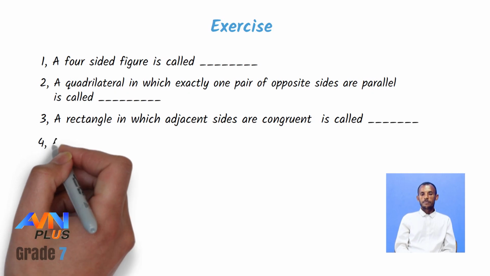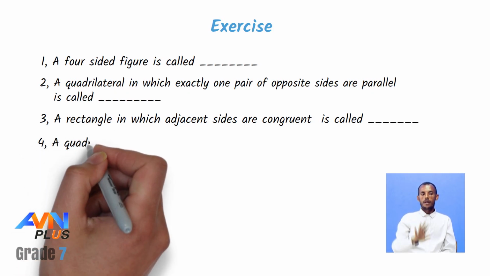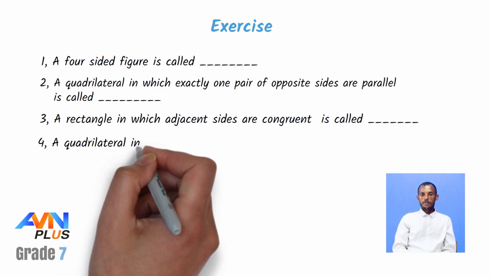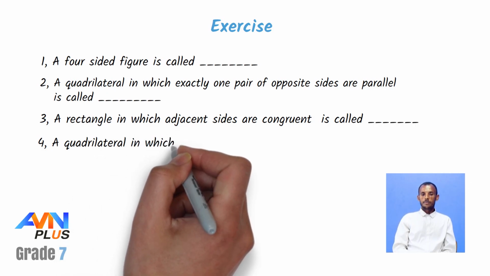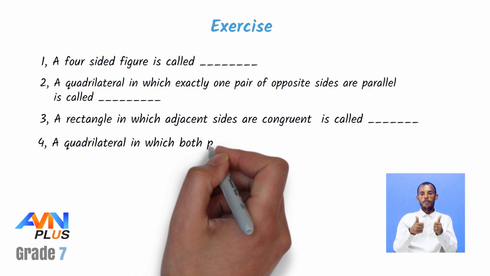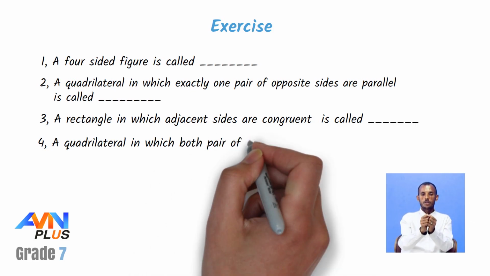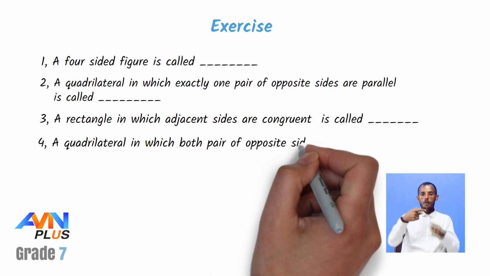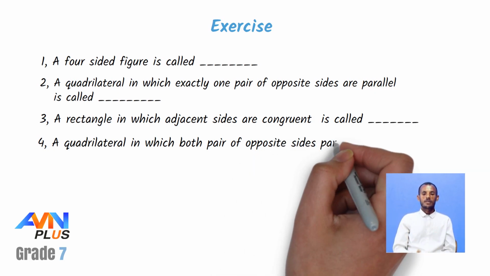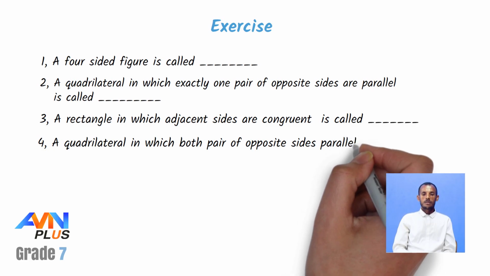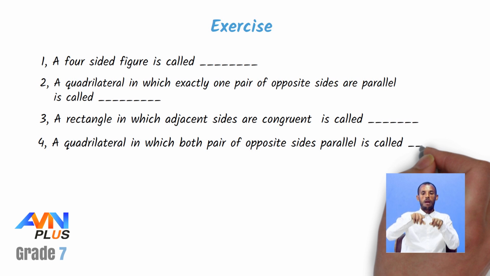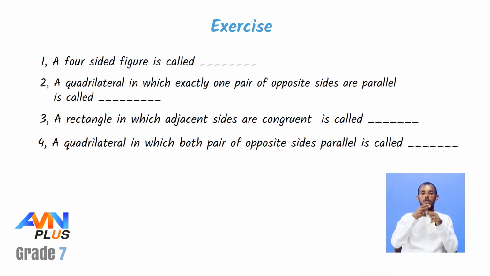A quadrilateral in which both pairs of opposite sides are parallel is called blank.